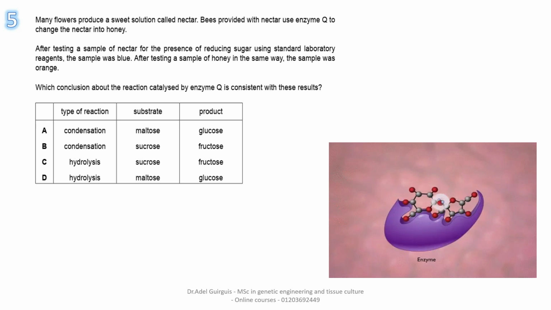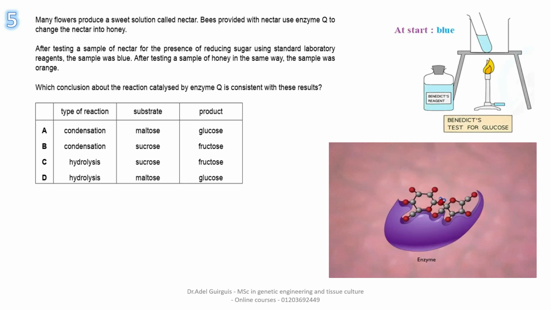As we know, all monosaccharides are reducing sugars, while sucrose found in nectar is non-reducing, so it gives a blue color at first. At the start, when we test nectar with Benedict's, it gives blue, the same color, no change, so a non-reducing sugar is present in nectar.